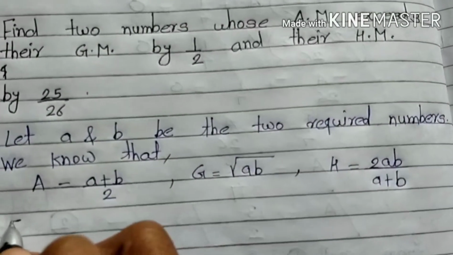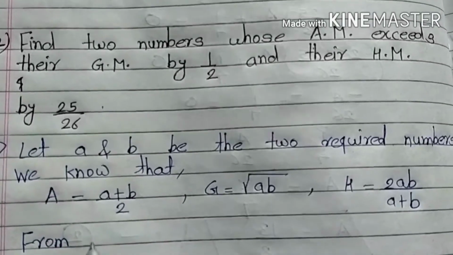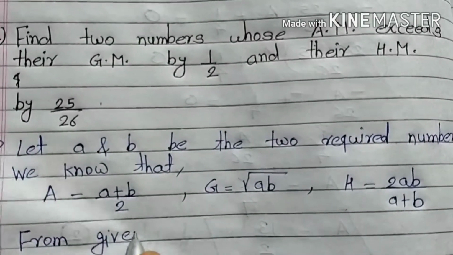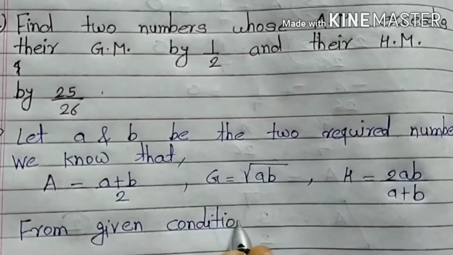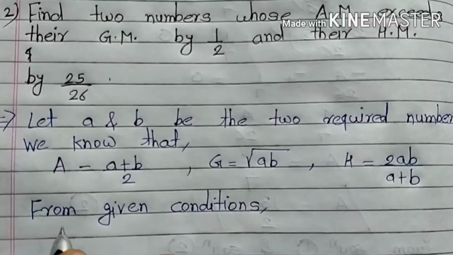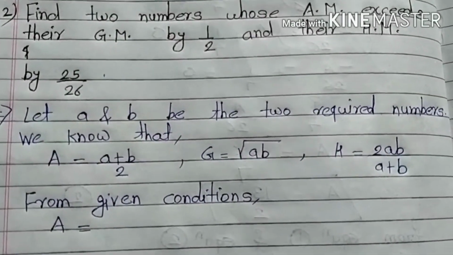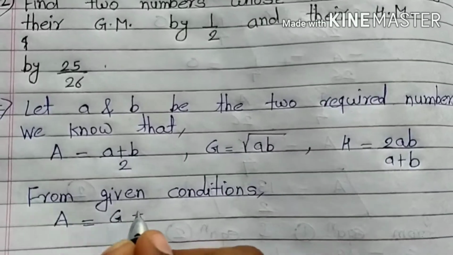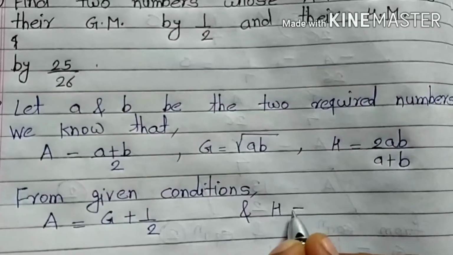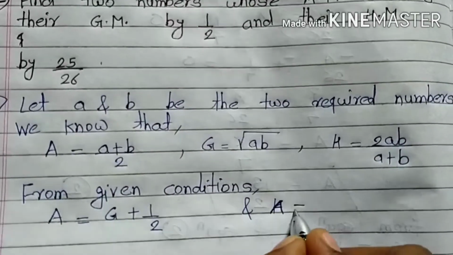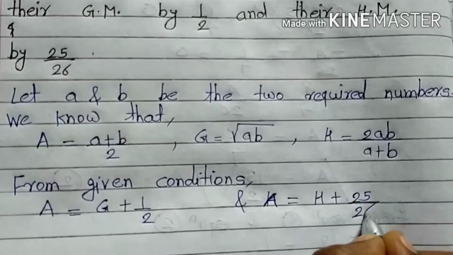So from the given conditions, A is equal to G plus 1/2 and A is equal to H plus 25 upon 26.